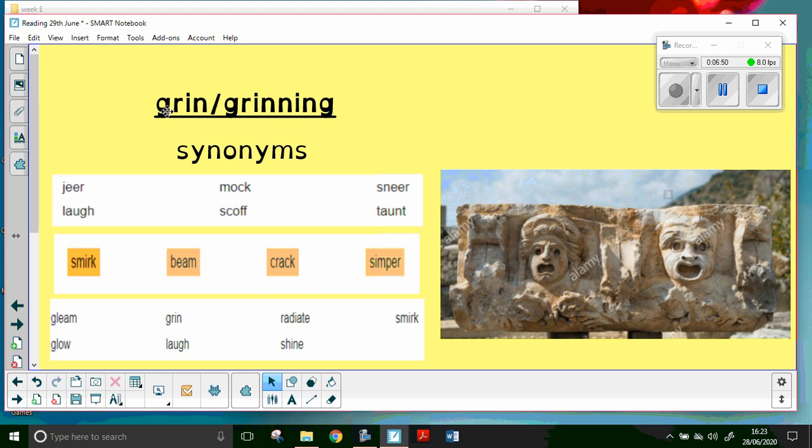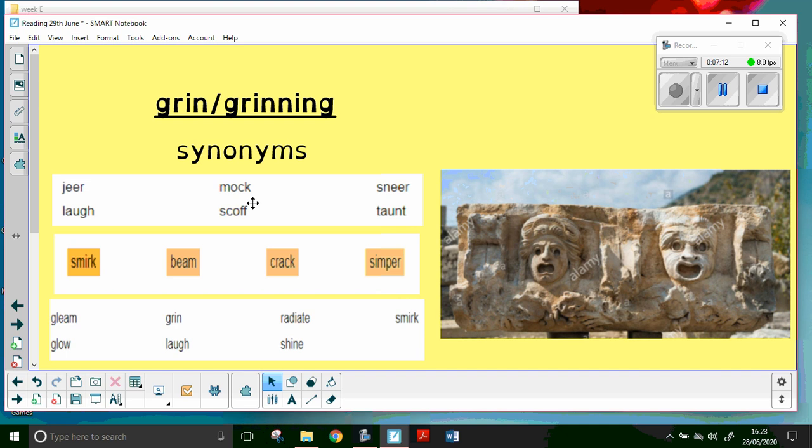Now I've put grin and grinning because when I looked up grinning, I couldn't really find that many synonyms. So sometimes you've got to take off the suffix and look at that word there, the verb there, to grin. Grinning. So for me, I've put up jeer, jeering, mocking, scoffing, taunting, sneering.